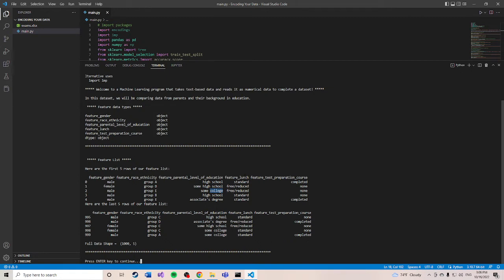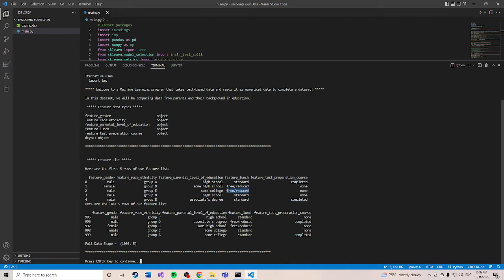And then apparently lunch must mean something to do with what their financial situation is. I'm assuming this is a university, so this first male has a standard lunch. The female has a free and reduced lunch. The second male also has a free and reduced lunch.